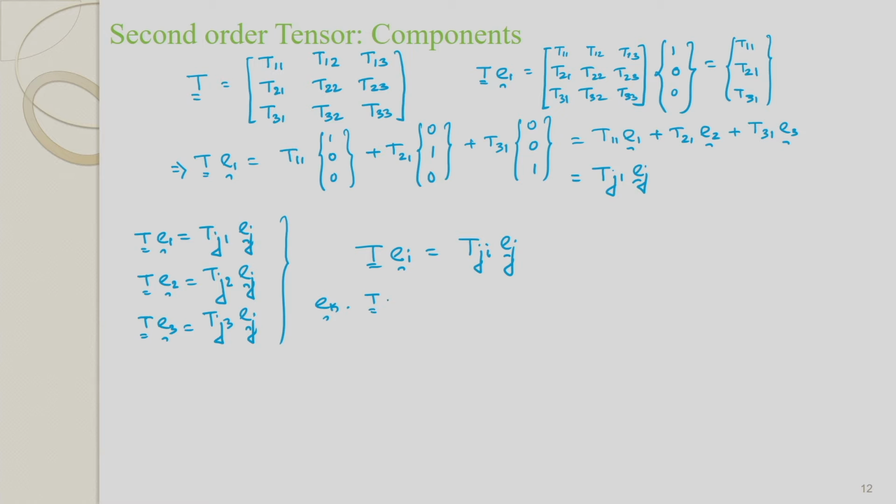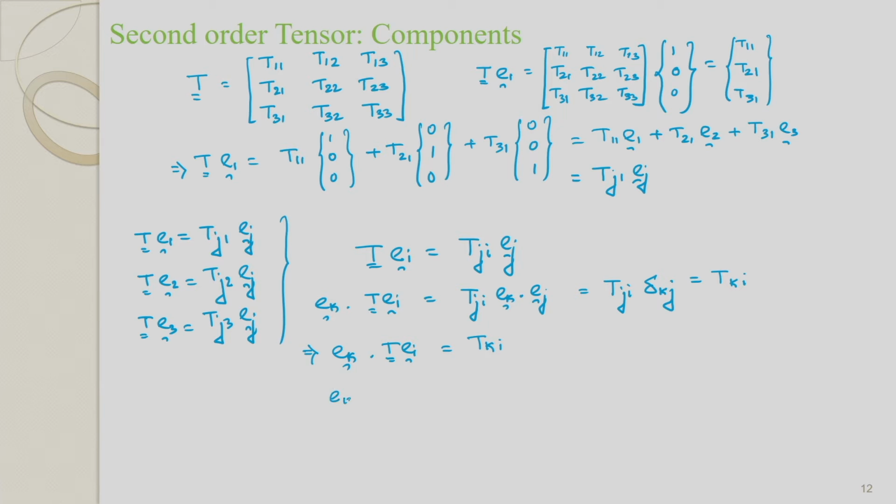Now, if we take dot product with another vector Ek, then this is Tji delta kj, which means Tki. So, Ek dot Tei is Tki.